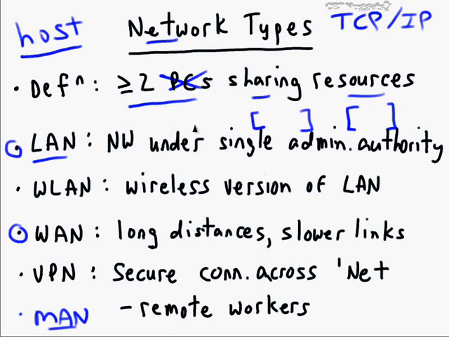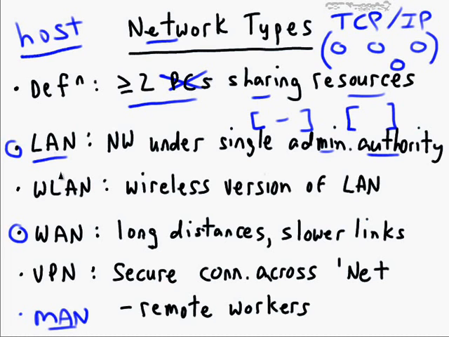They have two or more hosts sharing resources. They have a LAN. As we talked about earlier, geographically distributed organizations may have multiple sites in multiple cities, states, or countries. Each of those local sites is a LAN, but then the entire organization is a LAN inasmuch as it's a single administrative authority, single ownership, etc.